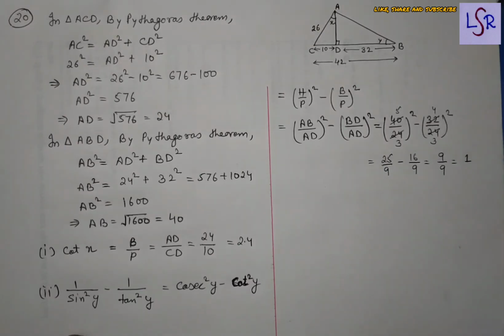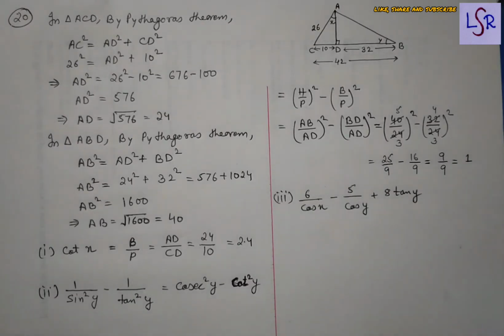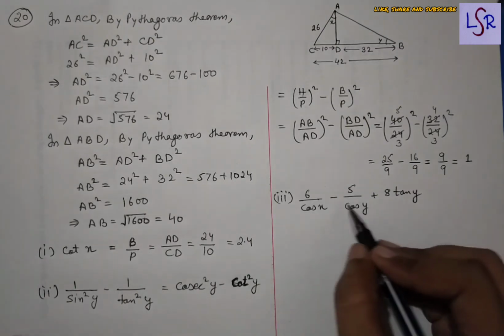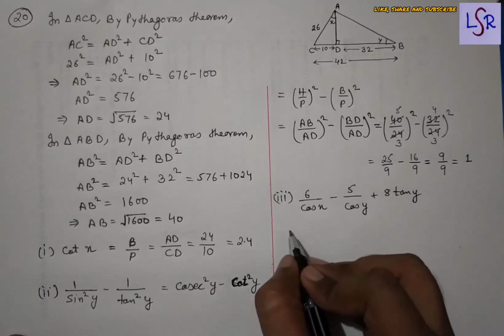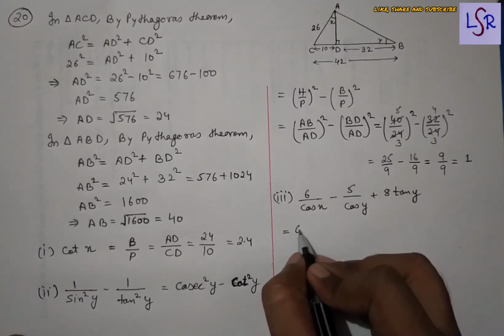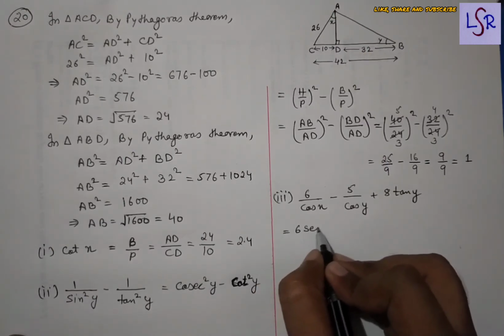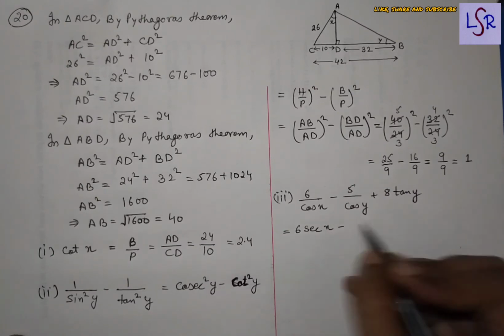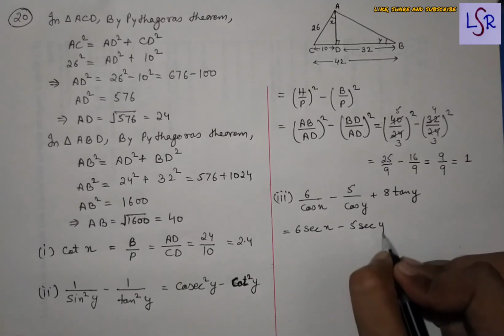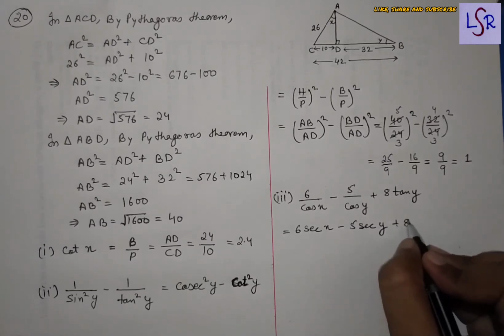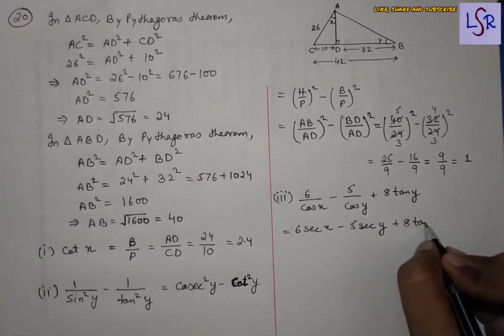Now we have the third part as 6 upon cos x minus 5 upon cos y plus 8 tan y. So very first of all, this can be written as 6 sec x minus 5 sec y plus 8 tan y.